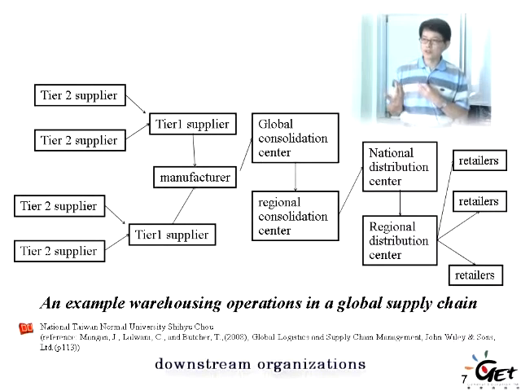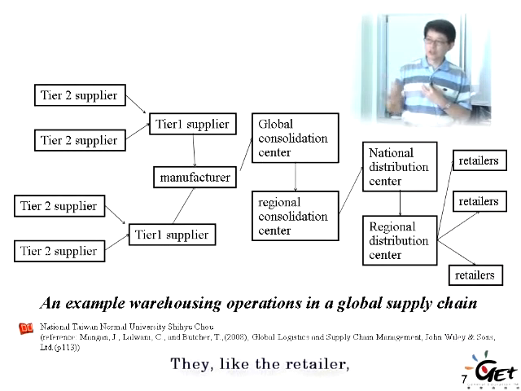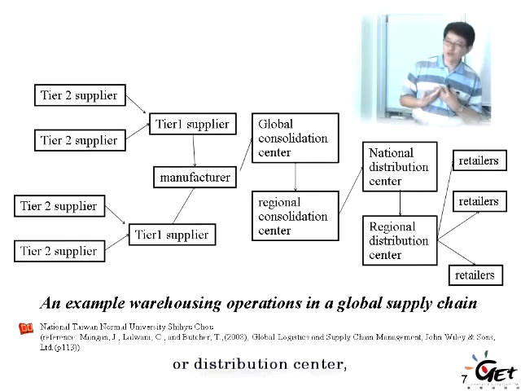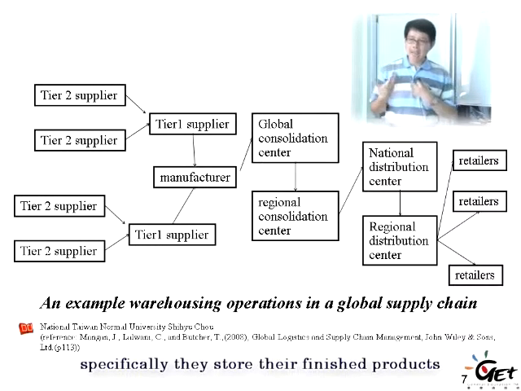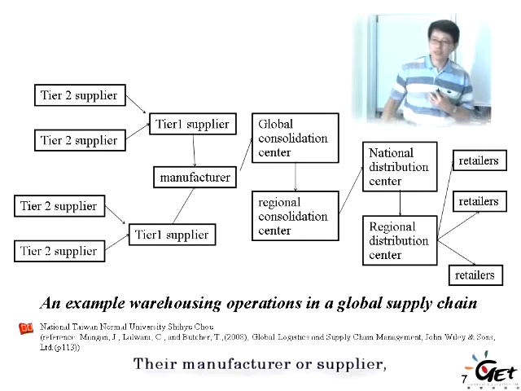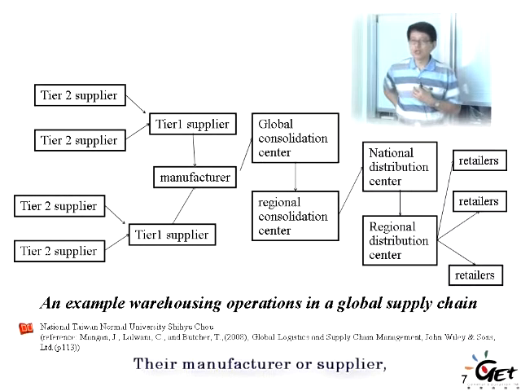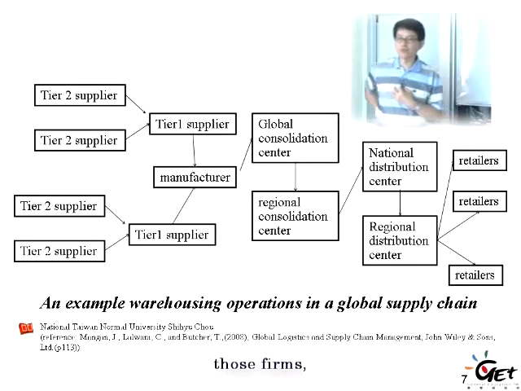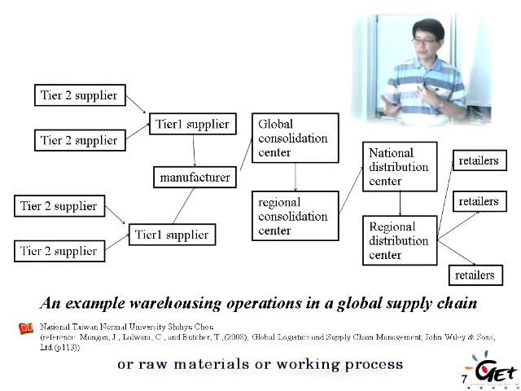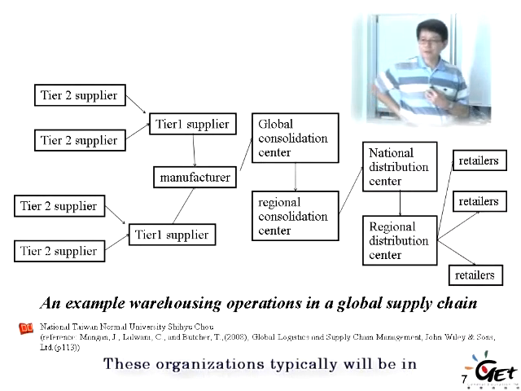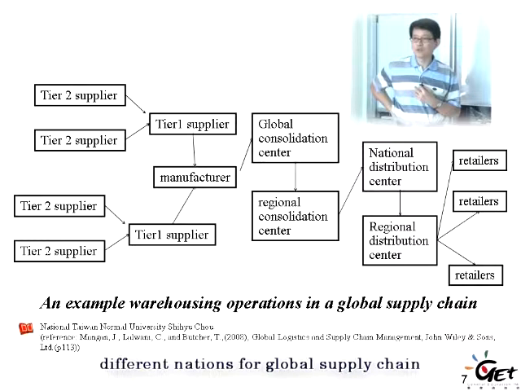Downstream organizations, like the retailer distribution centers or regional distribution centers, basically store the finished products, but the manufacturers or suppliers basically store components, raw materials or work in process. These organizations will typically be in different nations for a global supply chain.